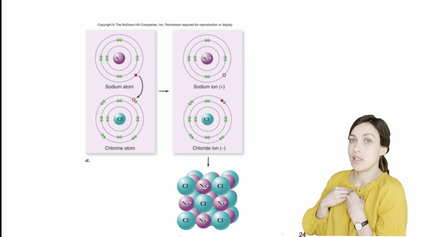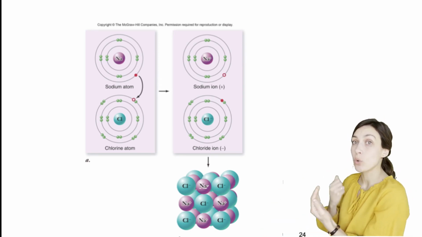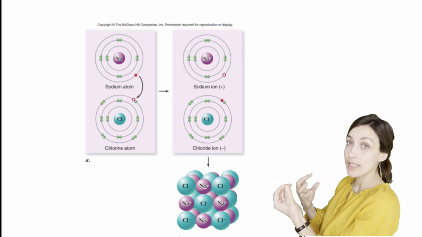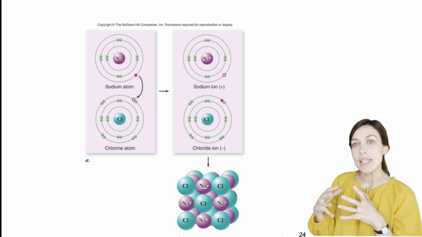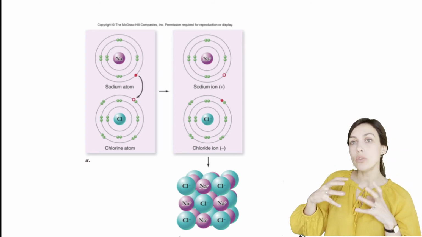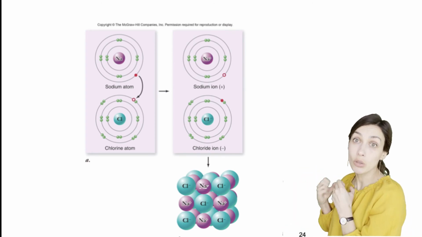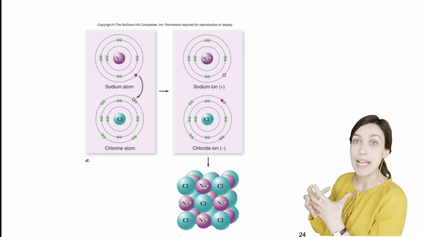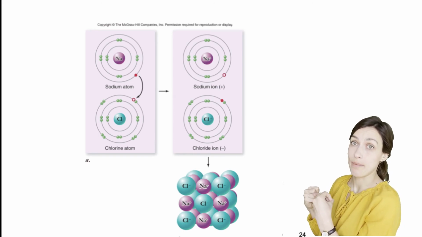Sodium can get rid of 1 electron, and chlorine can grab that electron. Beneficial for both of them, so it occurs spontaneously and very quickly. And once that electron moves from sodium to chlorine, chlorine is really excited about it, and now it becomes extremely stable because it has its valence shell filled, and it holds on to it for a very long time.